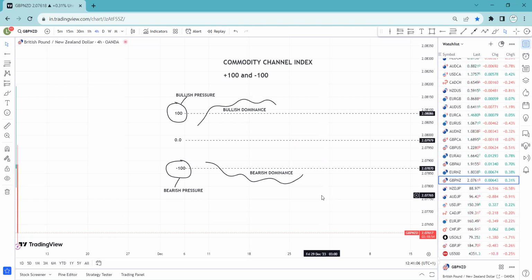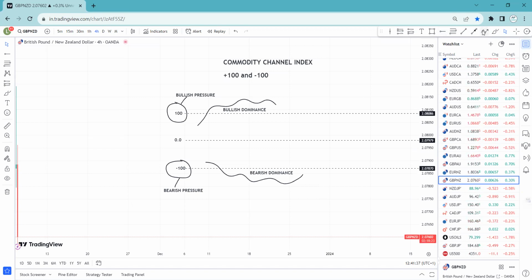How will I know when the bears say that, look, we're no longer interested in dominating this market, so we want to give off our dominance? And of course, that's the most important question. If we can answer that question, then we can answer a very big question on how to use the commodity channel index effectively to confirm trades. So follow me, that's the question I want to answer now.